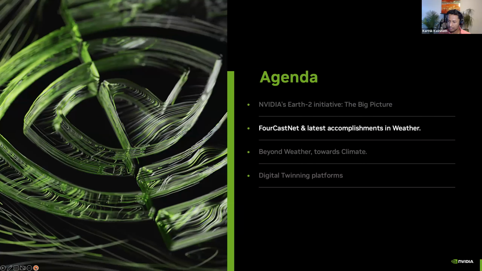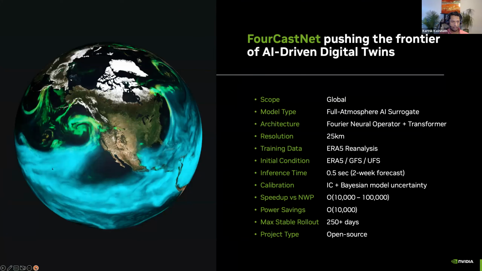So with that introduction to Earth-2 and digital twins, I'll dive into machine learning approaches that we're developing for both weather and climate emulation. Starting off with our flagship machine learning model called ForecastNet, which is now pushing the frontiers of AI-driven digital twins. On the left is an image that shows ForecastNet emulating weather dynamics across the globe at 25-kilometer resolution.